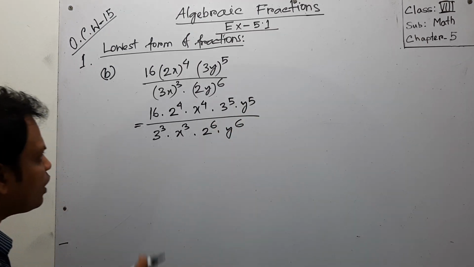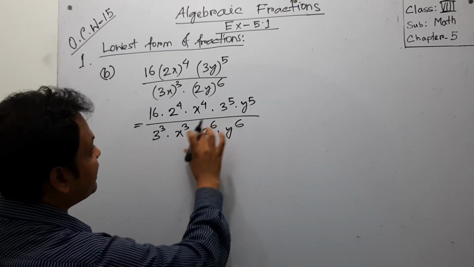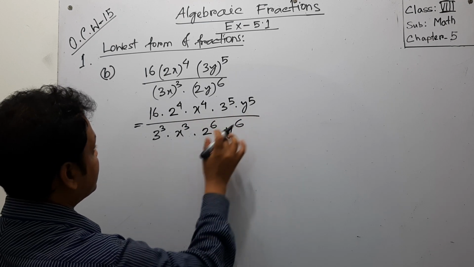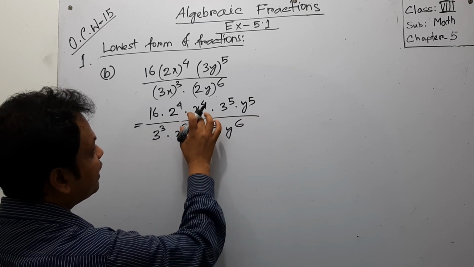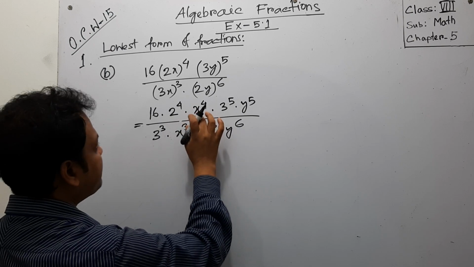Now we'll arrange the numbers and algebraic letters. First we'll write the numbers, then we'll write the alphabetical letters x and y.